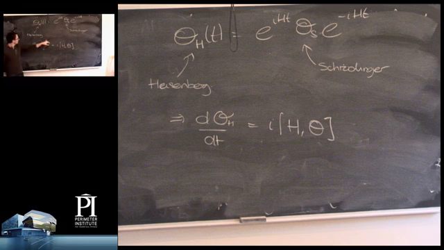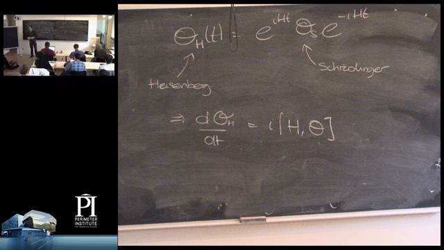Okay, and then the equation of motion obeyed by the operator in the Heisenberg picture is just that you commute H and O. So is this familiar? Did Malcolm cover this stuff? Yeah.